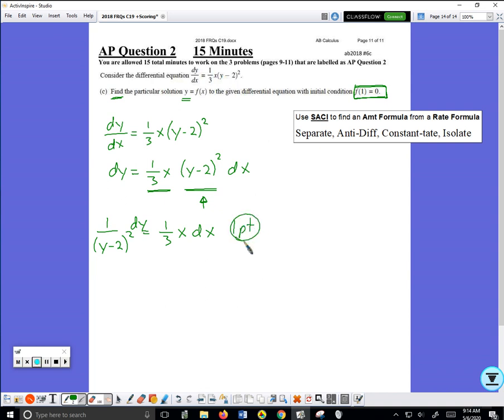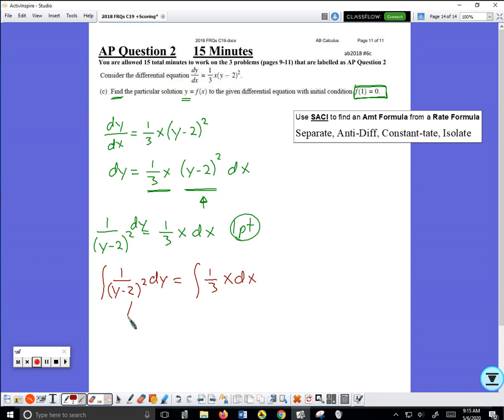So now we're going to do the antiderivative step. Antiderivative, 1 all over (y minus 2) squared dy equals antiderivative 1 over 3 x dx.